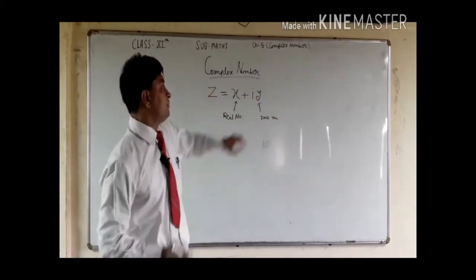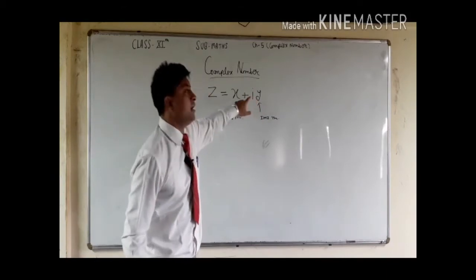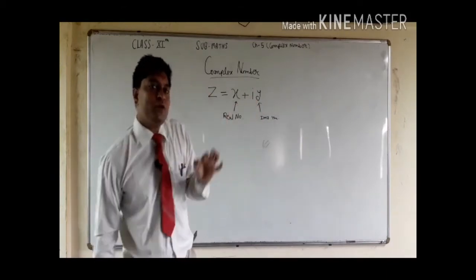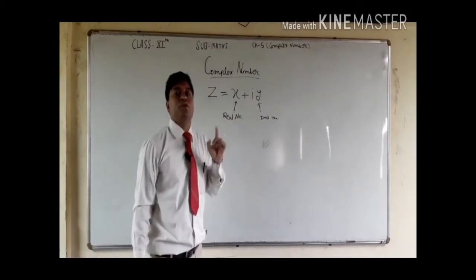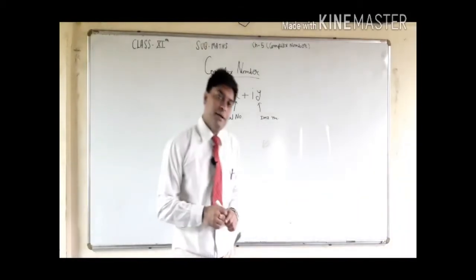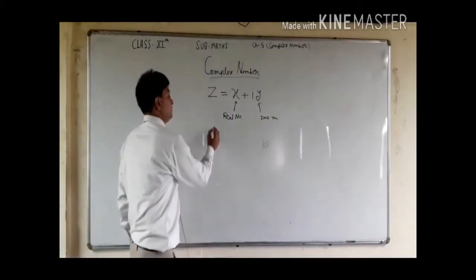Y is the coefficient of iota, and every coefficient of iota is called an imaginary number.